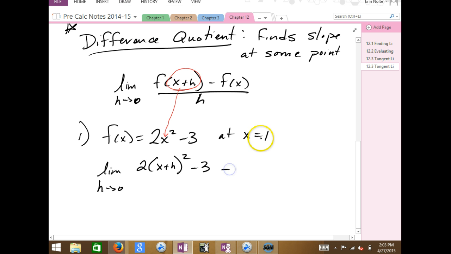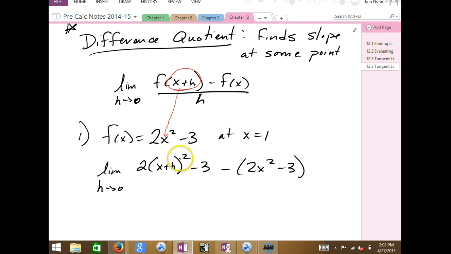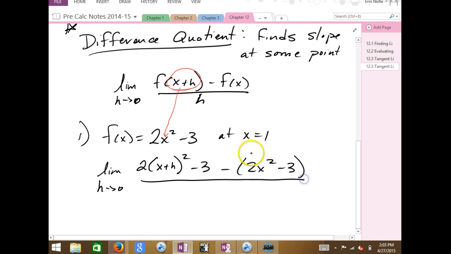Okay, so minus my f of x, which is 2x squared minus 3. And notice that I use parentheses because if I'm subtracting a function that has more than one term, that negative needs to be distributed. Okay, is everybody good with that part?